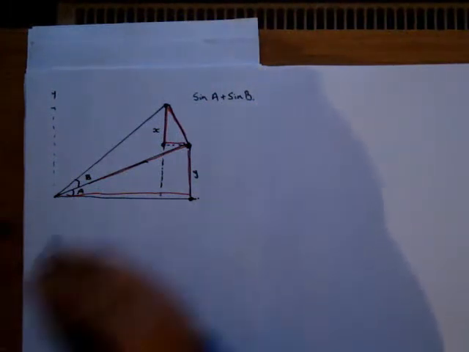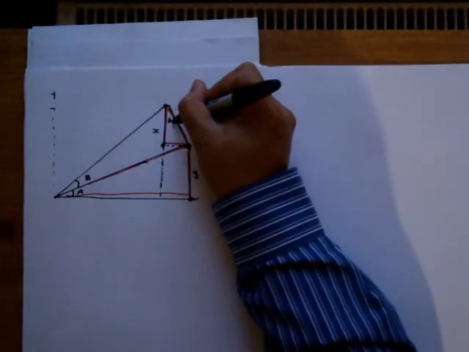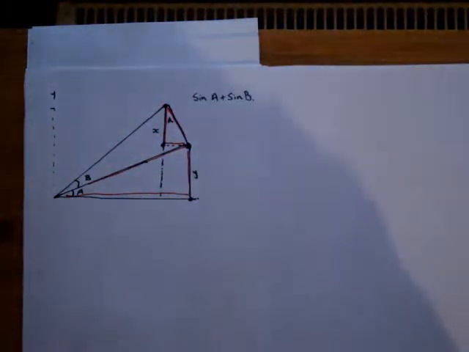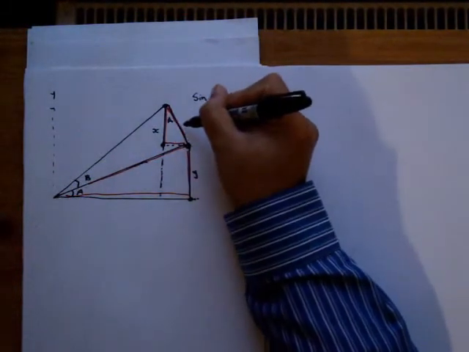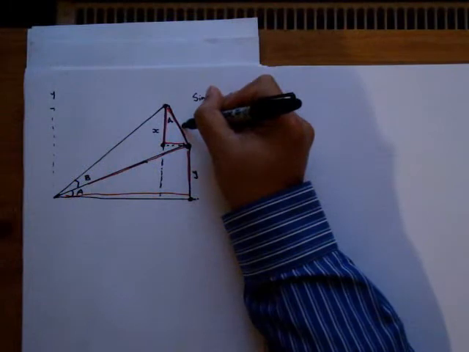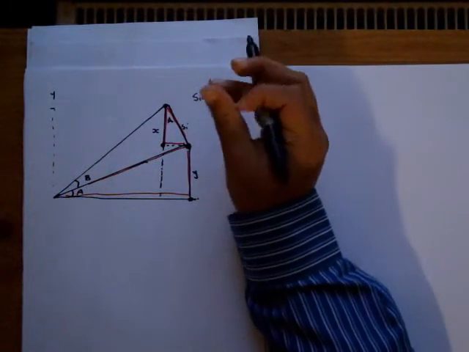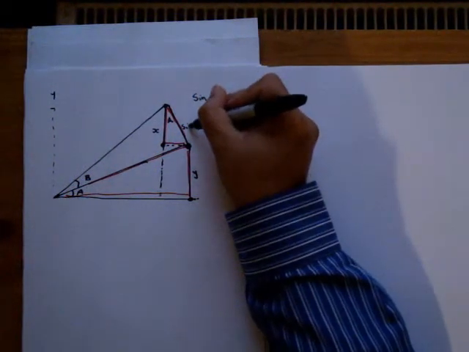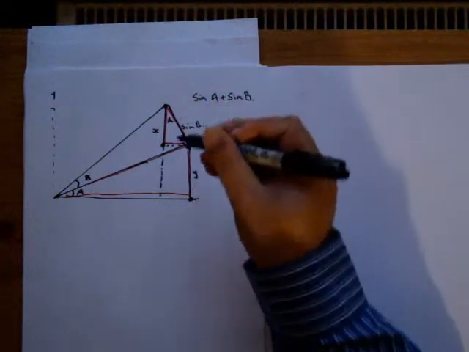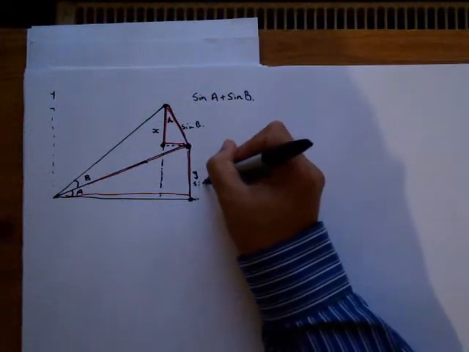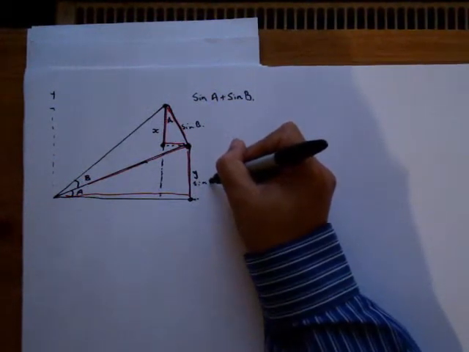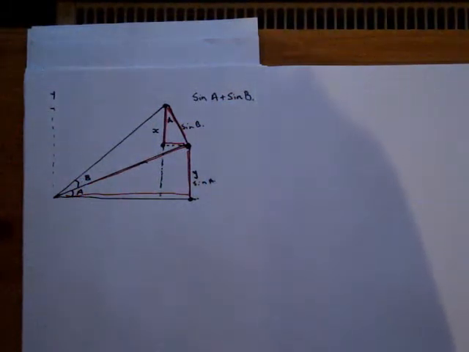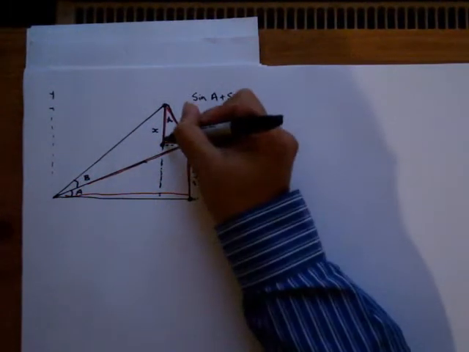So this angle here is A, and this is the same as the sine of B. This is the sine of A. This is a right angle.